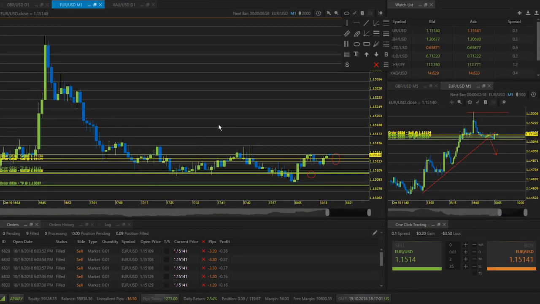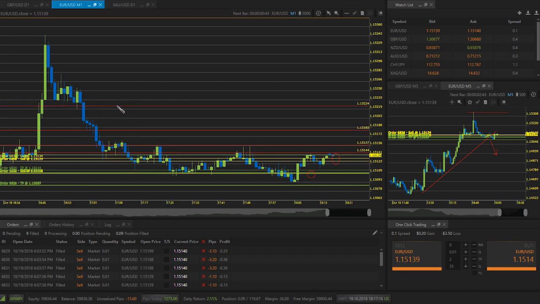So the next question I ask myself is, how many layers am I going to need in this setup? To calculate that, I look at where we're at right now and where our stopping point is, and I try to identify all the support and resistance layers in there.